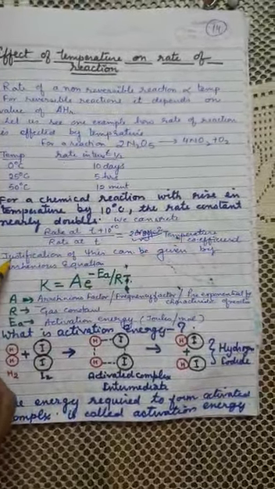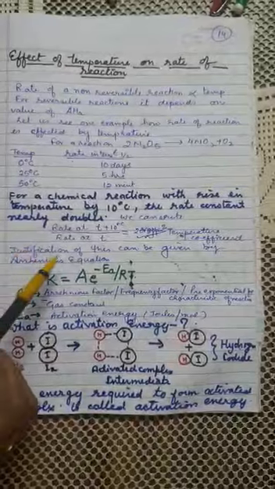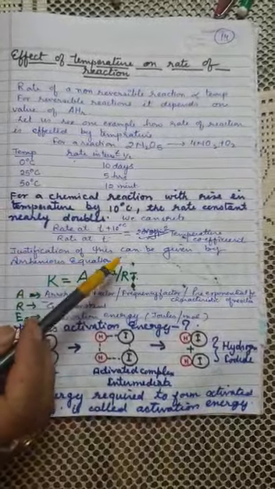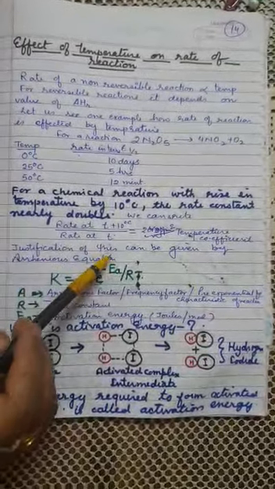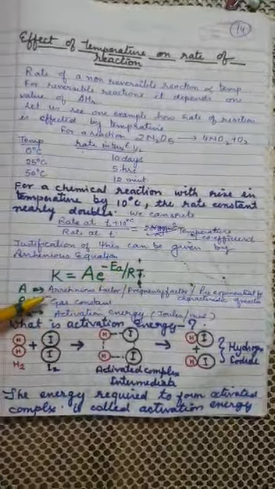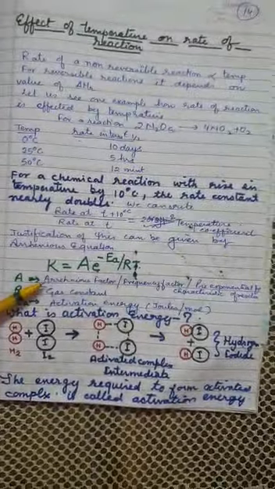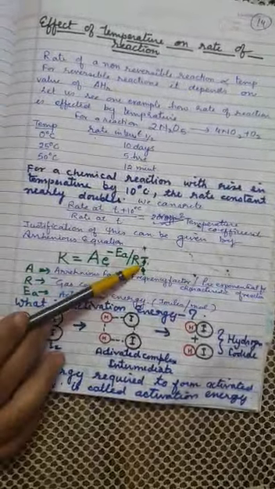Why there is a rise in rate with temperature is justified by two scientists, Van 't Hoff and Arrhenius. Arrhenius finally gave an equation to establish a relation between the temperature and the rate constant.